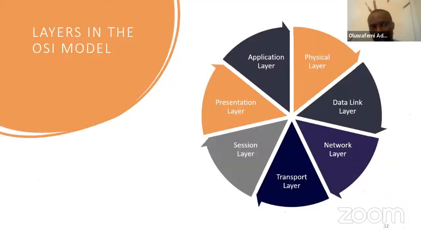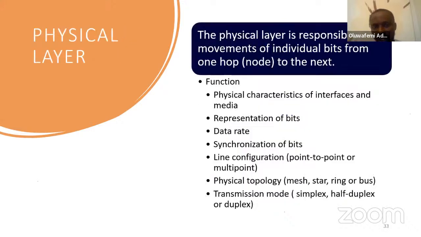So let's talk about the physical layer. The physical layer is responsible for movement of individual bits from one hop or node to the next, right? So we're talking about nodes. The movement between a switch and a laptop, they are both nodes, right?